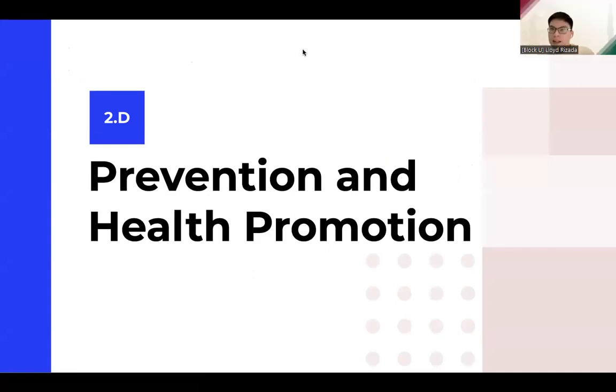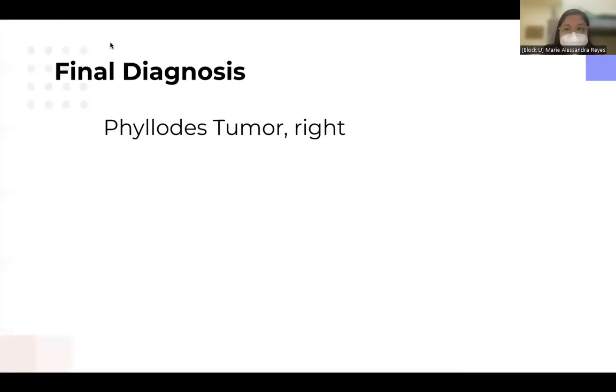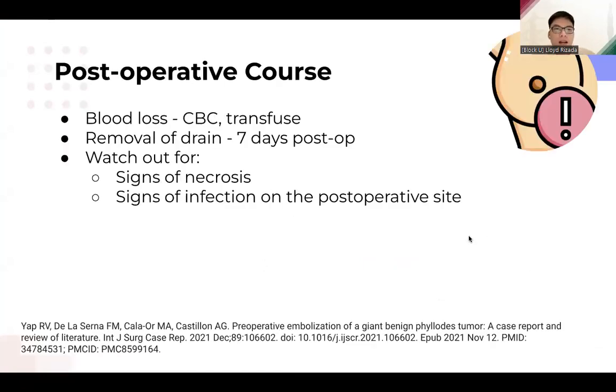Next we'll be discussing the prevention and health promotion for our patient. Once again, our final diagnosis is a phyllodes tumor of the right breast. For the post-operative course, on the next slide, we found one case report of a large phyllodes tumor, and they mentioned the following post-operative course for that patient.